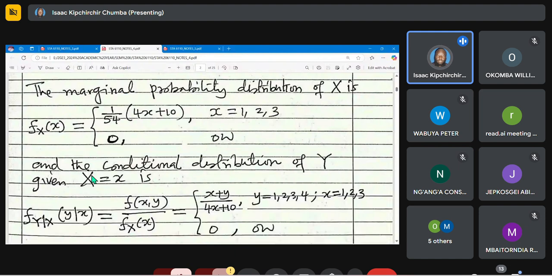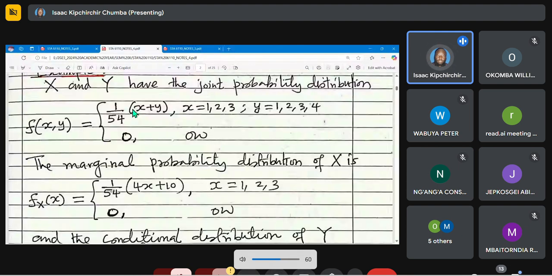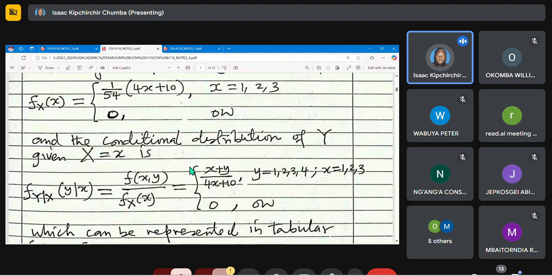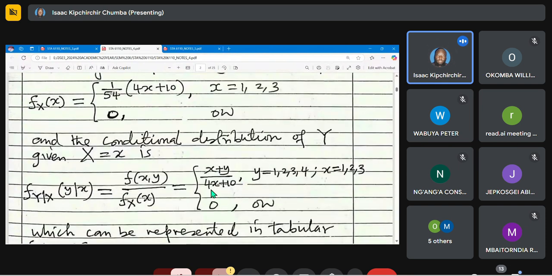If we want to get the conditional of y given x, we shall divide the joint over the marginal, and this is the result. This will be a function of y for given x. It is taking 1, 2, 3, 4 for given x when x takes 1, 2, 3.